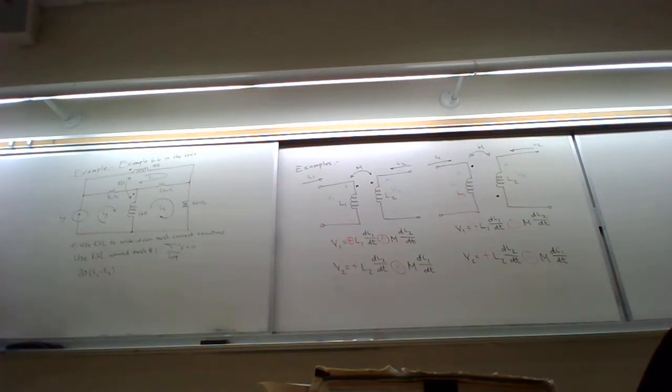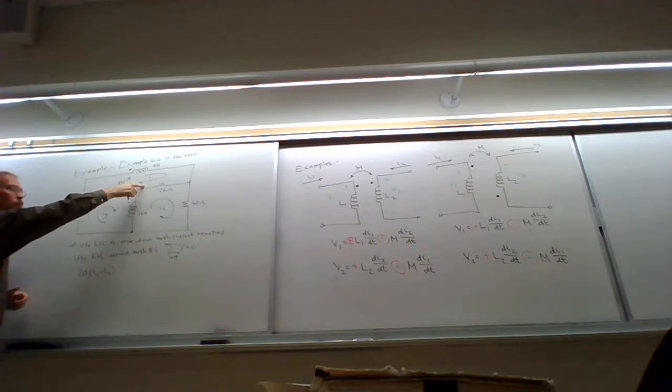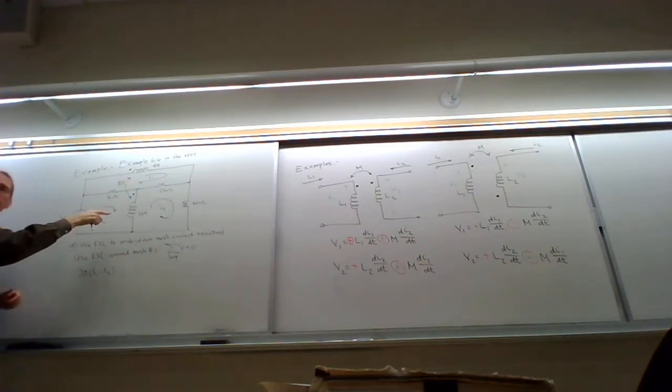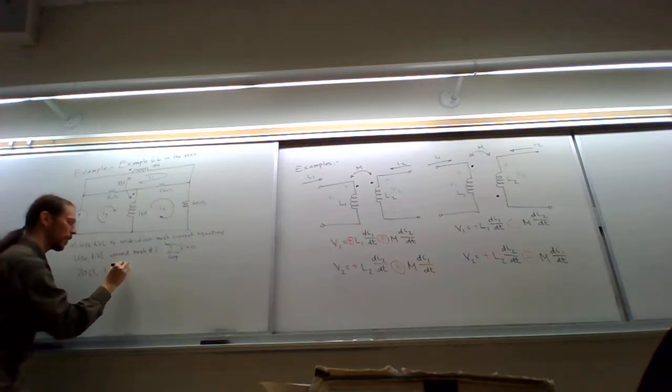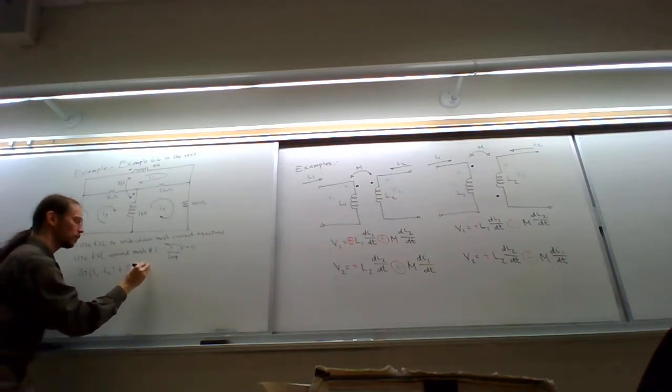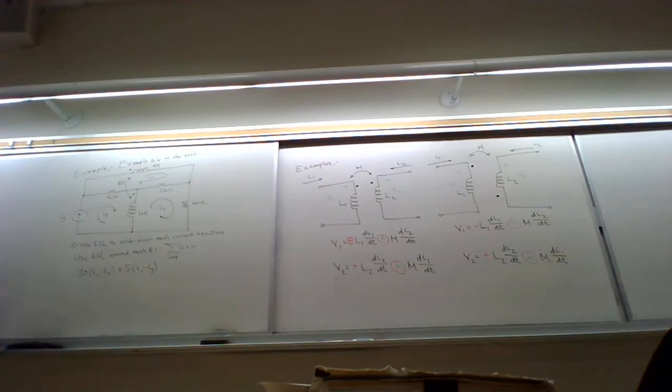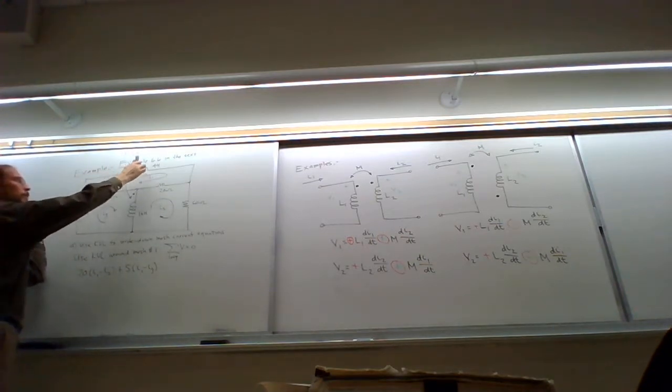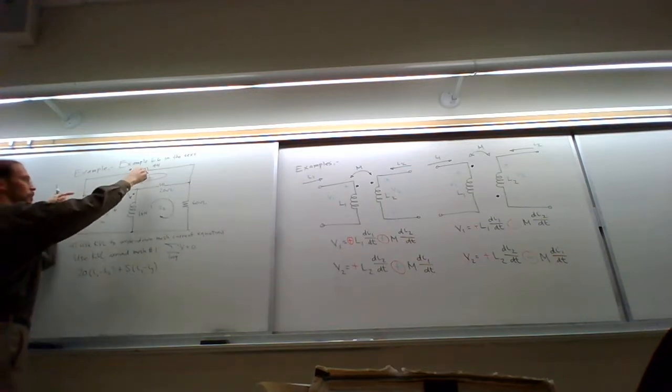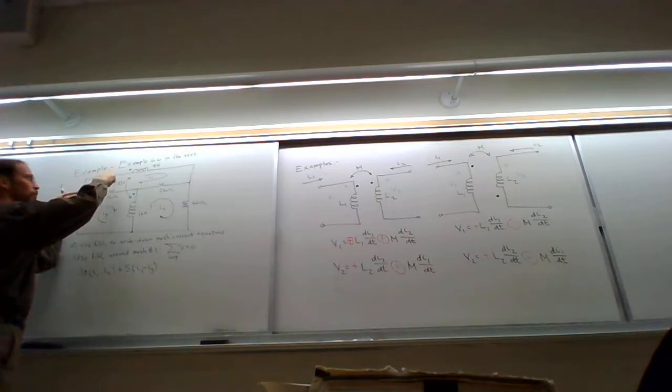I then go through my 5 ohm resistor, and I'm going in the same direction as I1, but in the opposite direction as IG. So the voltage across the 5 ohm resistor is 5 (I1 minus IG). Then I go through my inductor. So here my current I1 is going this way. I'm adding my voltages in my loop like that.